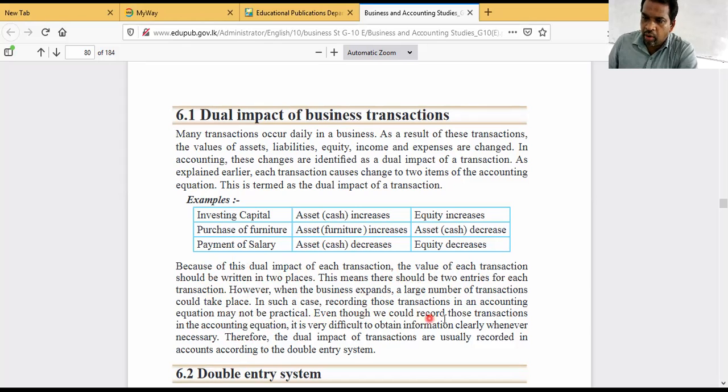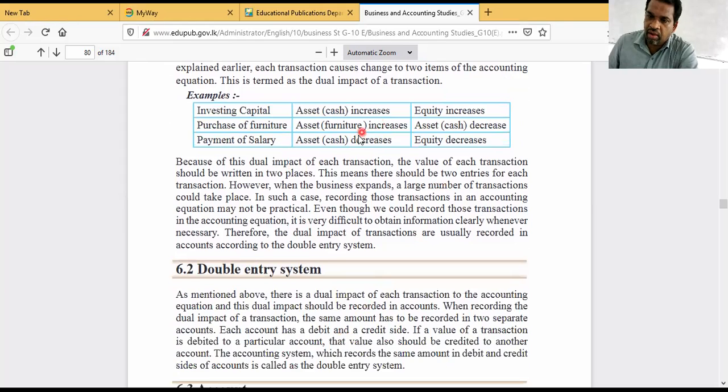Even though we could record those transactions in the accounting equation, it is very difficult to obtain information clearly whenever necessary. Therefore, the dual impact of transactions are usually recorded in accounts according to the double entry system.